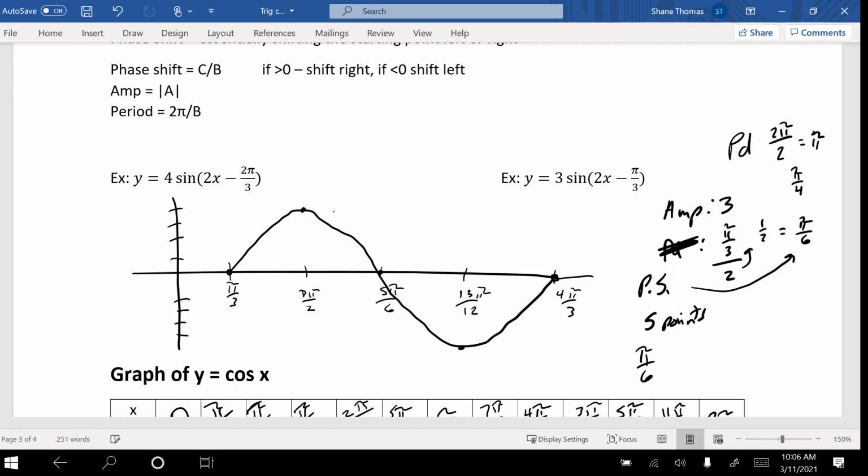That's point 1. Point 2 would be pi over 6 plus a quarter of a period, which is pi over 4. Pi over 6 plus pi over 4 is 5 pi over 12, then 2 pi over 3, 11 pi over 12, and 7 pi over 6.